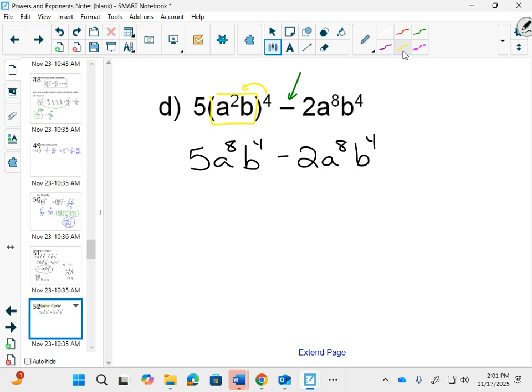In other words, if you have the exact same variables with the exact same exponents, can you see that what's in the red box is the same? Yep. In fact, if I use the language of red boxes, this mathematics says you have 5 red boxes, you subtract 2 red boxes, what would you have left? 3. 3 red boxes.